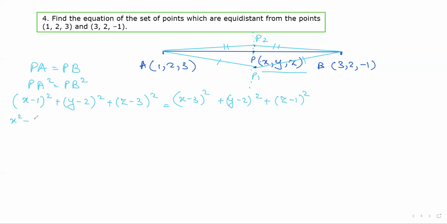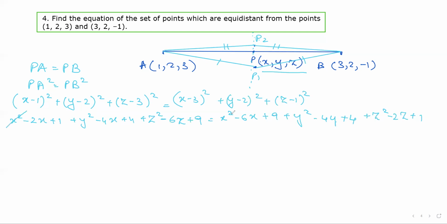Expanding this, x square minus 2x plus 1 plus y square minus 4y plus 4 plus z square minus 6z plus 9 is equal to x square minus 6x plus 9 plus y square minus 4y plus 4 plus z square minus 2z plus 1.